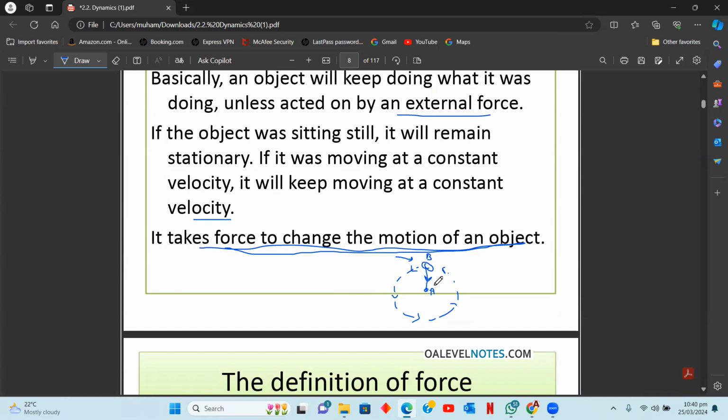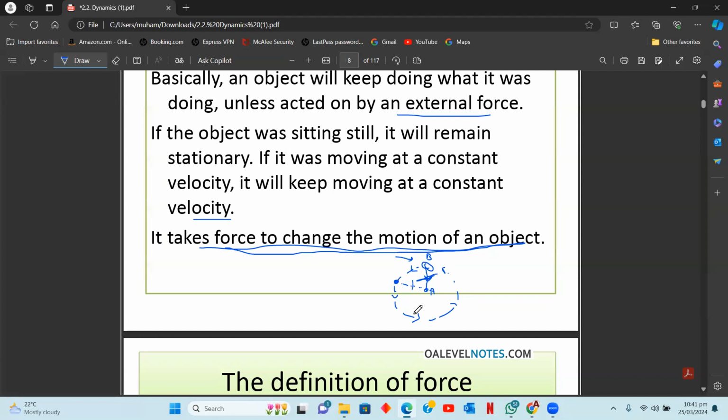As soon as I remove this tension force, by maybe cutting off the string, or by letting go of the string, the object, at whatever place it will be on this circular orbit, for example, the object was at this point, and this is where the string breaks.